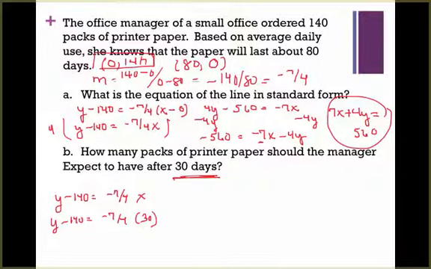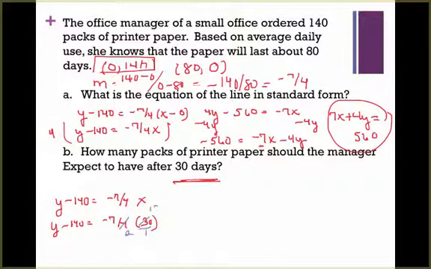But if we multiply negative 7/4 times 30, remember that we can simplify by taking a 2, thinking of that 30 as being over 1. 2 would go into 4, 2, and 2 would go into 30, 15. And now I can multiply across the top, and 7 times 15 would be negative 105 over 2. So we have y minus 140 equals negative 105 over 2.